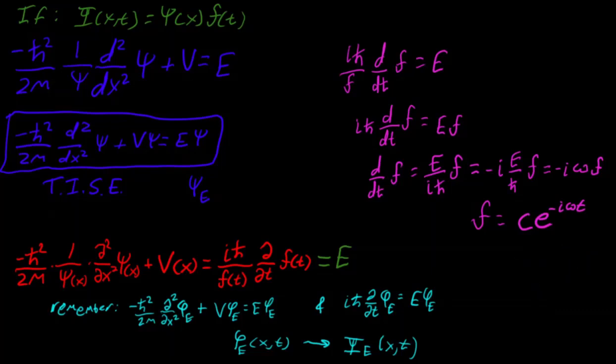Right? And now the last thing we can do here is notice that we have a constant out in front of this. Because this is a linear differential equation, and you can show this on your own, if psi e is a solution to this equation, then 2 times psi e would also be a solution.